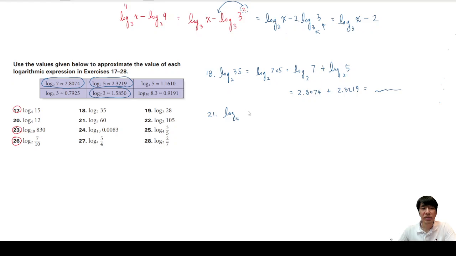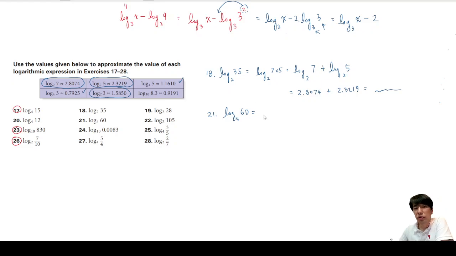Log base 4 of 60 is equal to, let me see. I have this one, log base 4, and this is log base 4. So let me use those two.